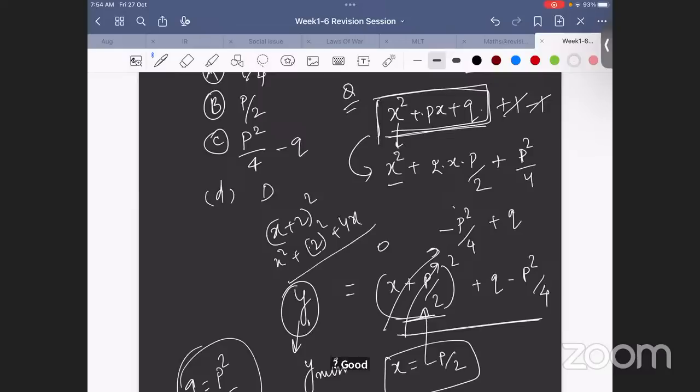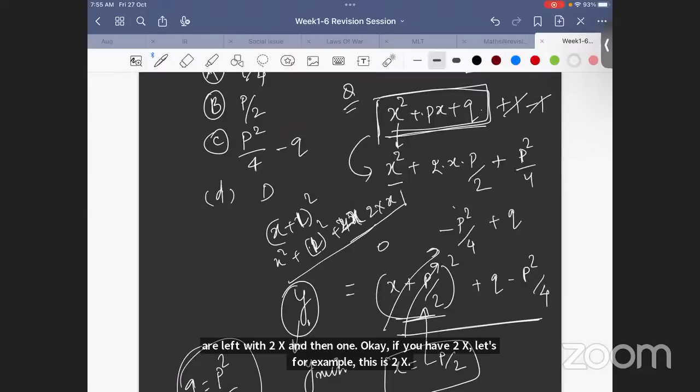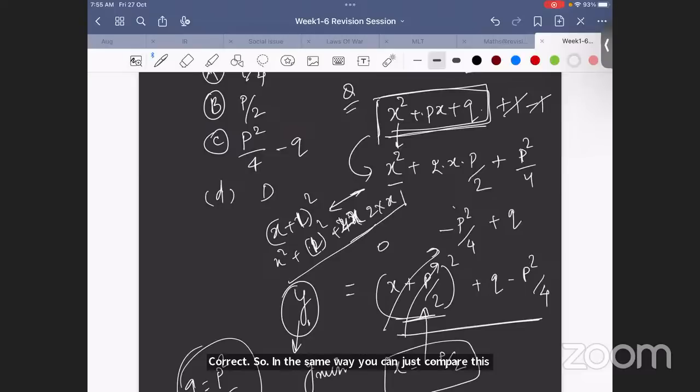Or if you have x plus 1 whole square, you are left with 2x and then 1. So in the same way, you can compare this equation and think about what I should be adding to make it a perfect square of x plus p by 2.